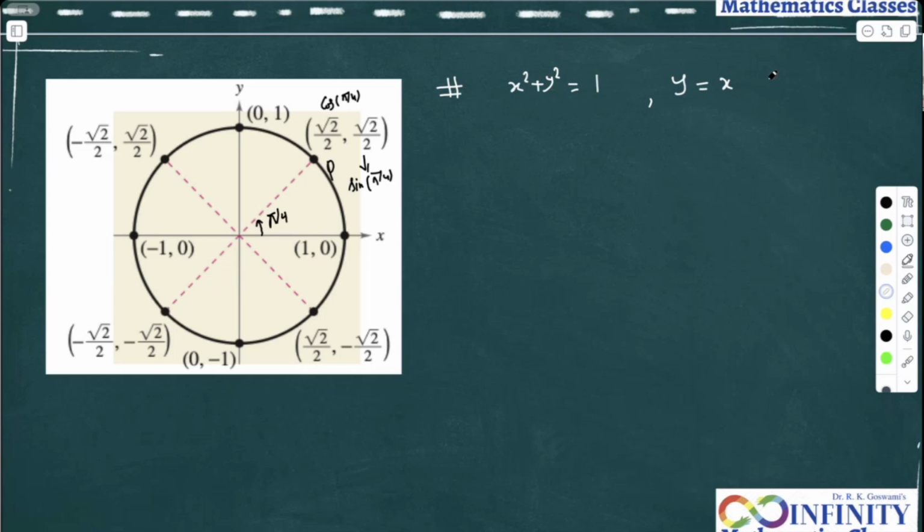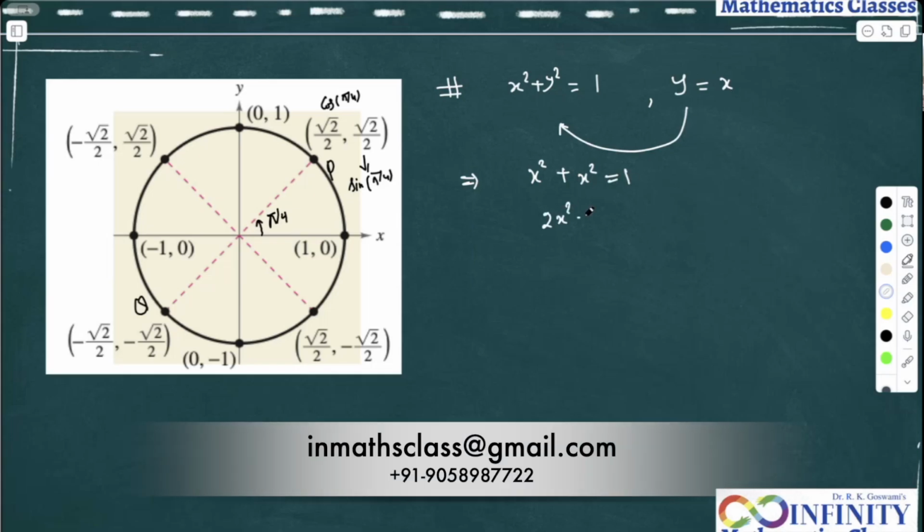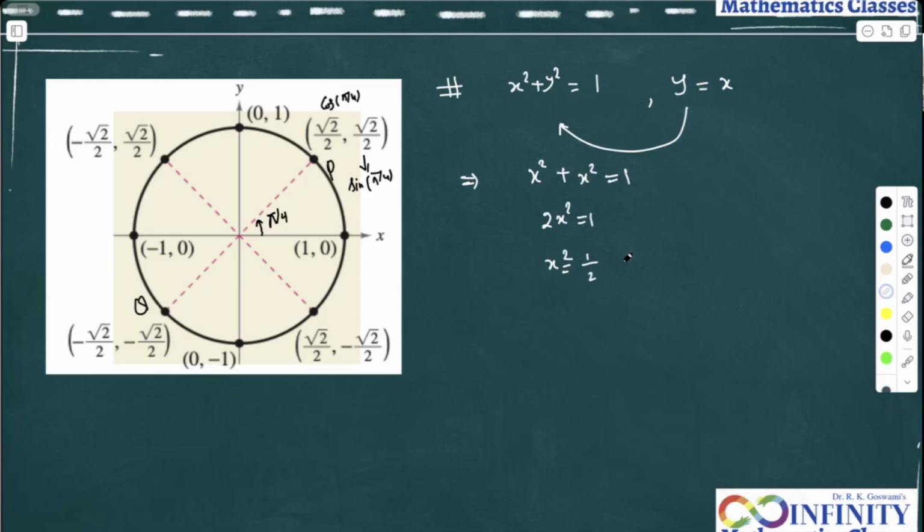Whatever the points of intersection of these two are, it will give you two values, one is P, one is Q. Let me solve this. Just substitute y equals x there. So you will have x square plus x square equals 1. After substituting, 2x square is going to be 1. x square is going to be 1 by 2.